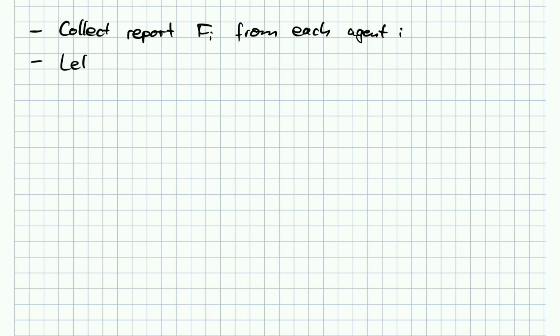Then we let F be the set of reported edges. So we'll have these pairs i, j, where i is in Fj and j is in Fi.